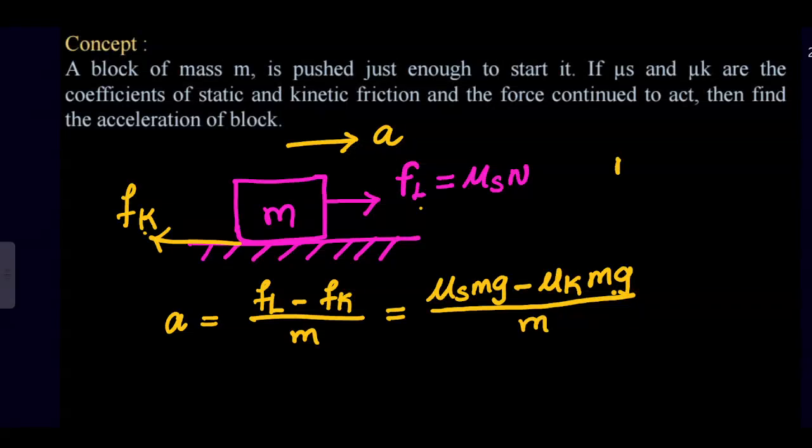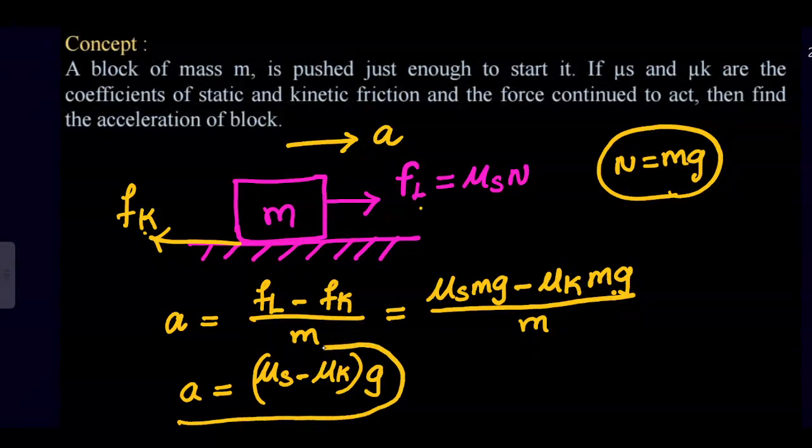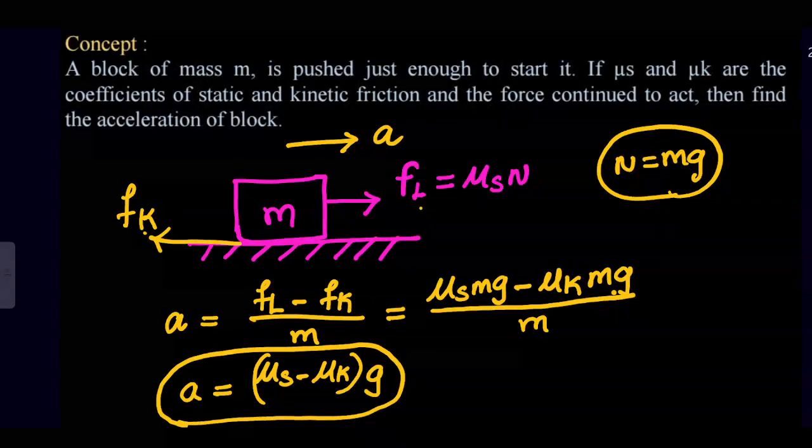Here N is equal to mg only, right? So from this, how much is the acceleration? That is mu s minus mu k into g. With this much acceleration, the body is moving. Understood the problem? Once again, read this one.